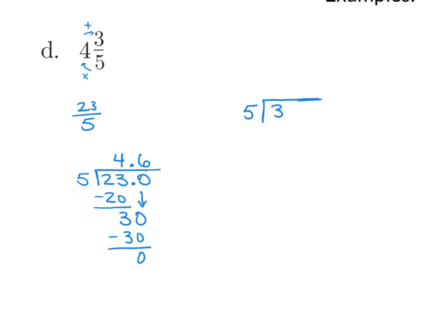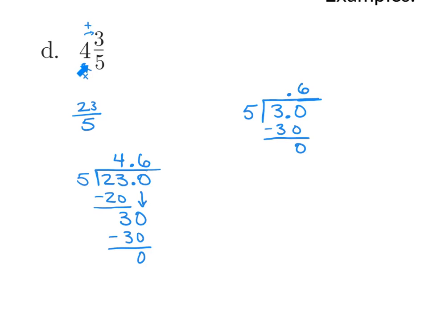So I'm going to do 3 divided by 5. I'm going to add my point 0. 5 goes into 30 6 times. 6 times 5 is 30. Subtract, we get 0. And so what we get is the fraction part, just the 3/5, is equal to 0.6.